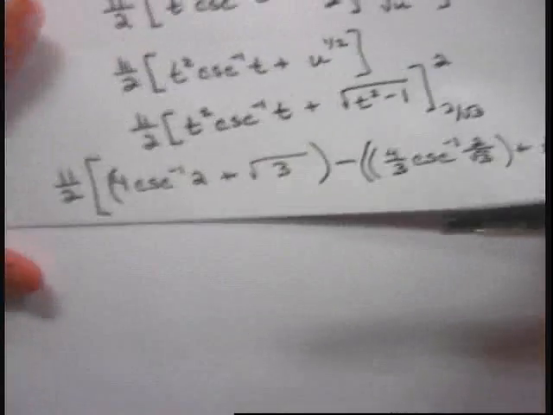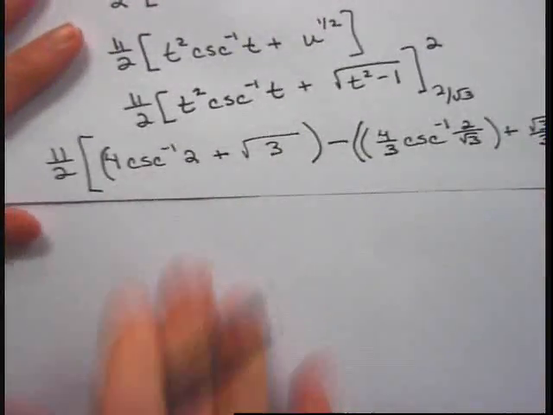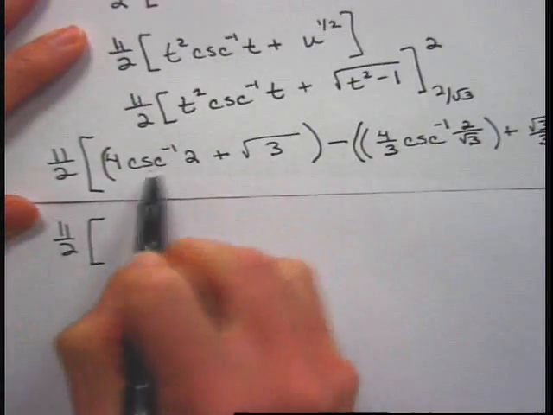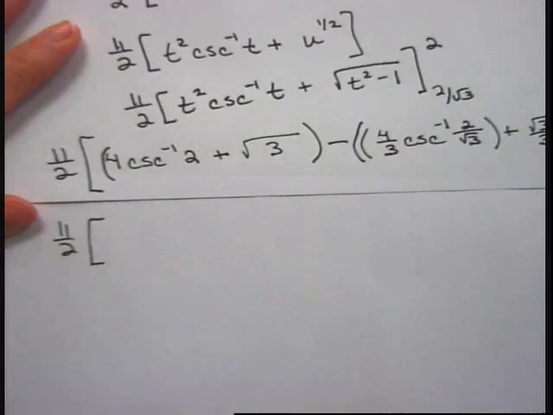Okay, so this is 11 halves. Cosecant deals with the sine, right? So that's the same as saying, when is the sine 1/2, because that would be when the cosecant is 2. The sine is 1/2 at pi over 6.